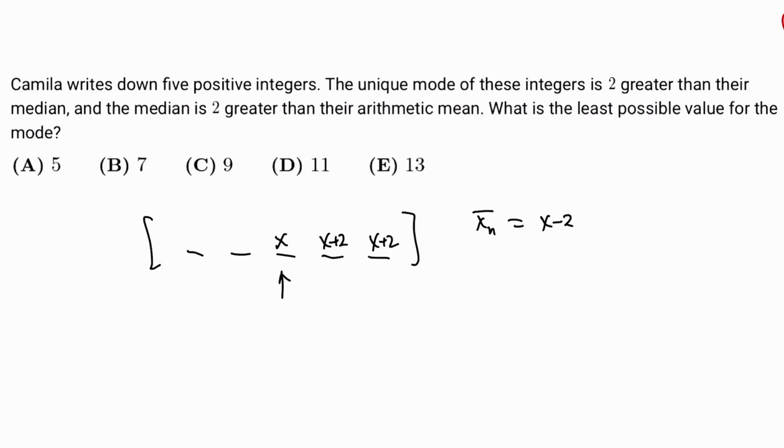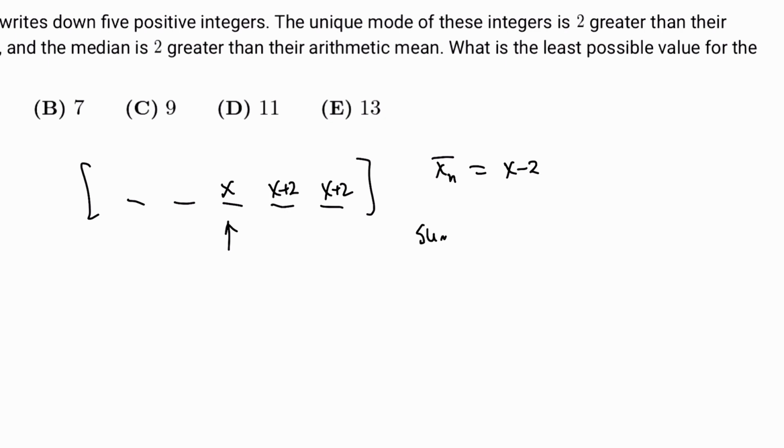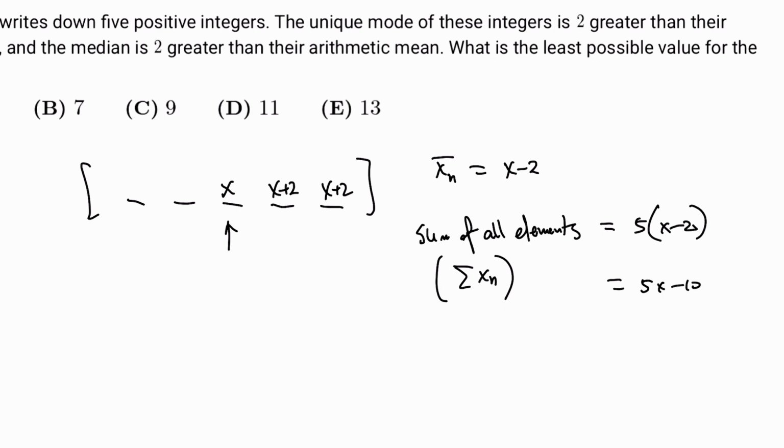So the sum of all elements, or sometimes denoted as sigma. Sigma just means sum of all of the elements, is equal to 5 times the mean, which is 5x minus 10.